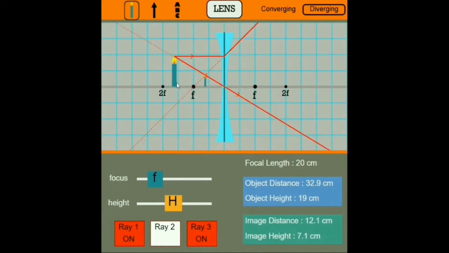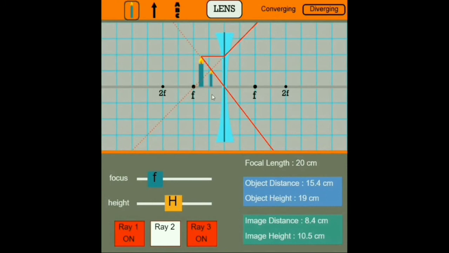When the object is placed between the center of curvature and focus, again the image will be formed. The position of the image is not changed much. It is again between the focus and optic center, and it is diminished, virtual and erect. When it is placed at focus, then also no change happens, and when the object is placed between focus and optic center, then also the image is formed between focus and optic center.